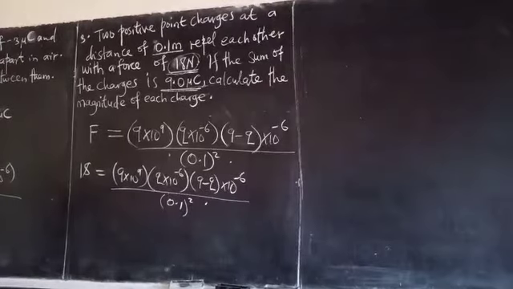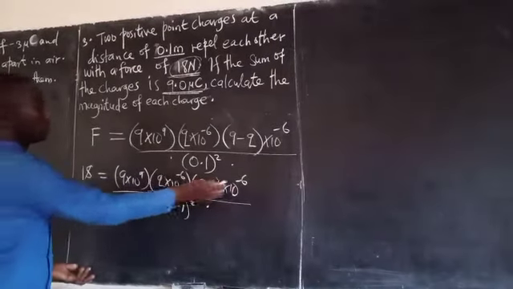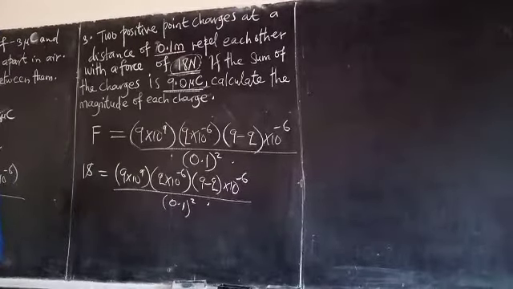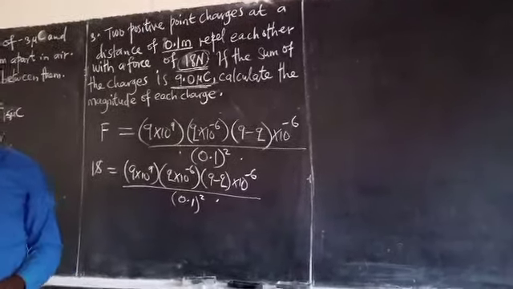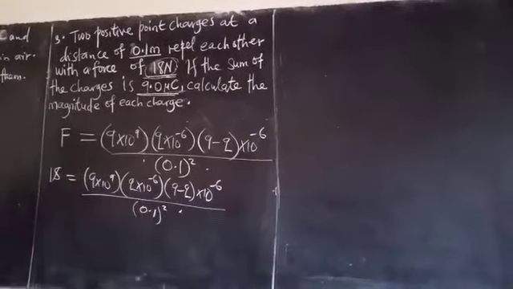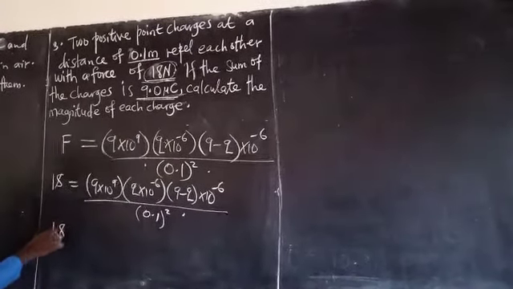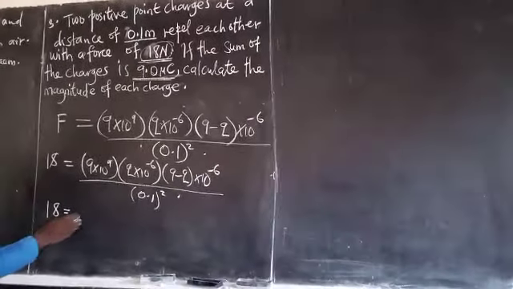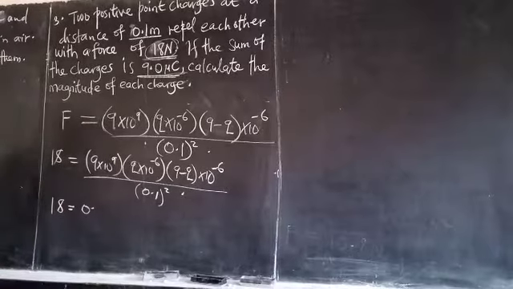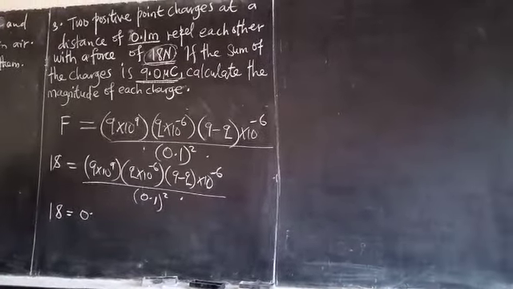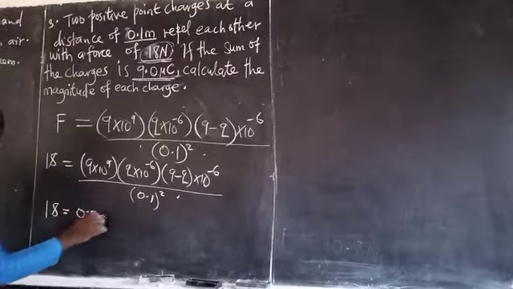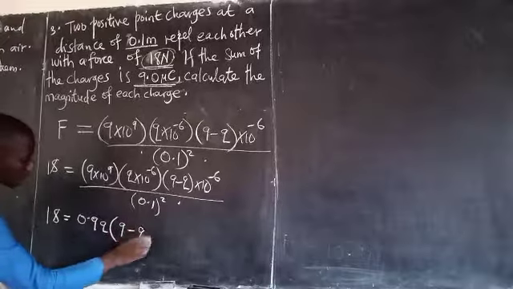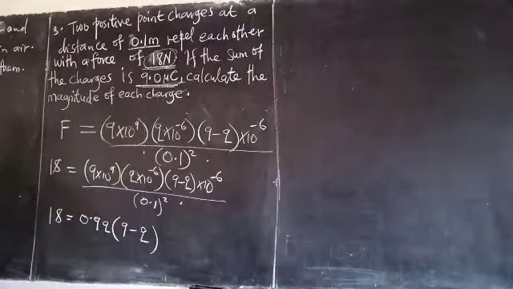Then you get your calculator, you handle this, handle that, and the 18, so that we see where we head. So when I get my calculator, I will end up with 18 equals 0.9 q into 9 minus q. So how do I solve this?